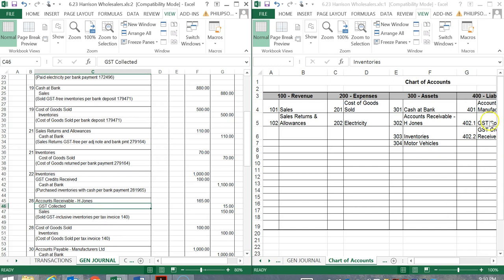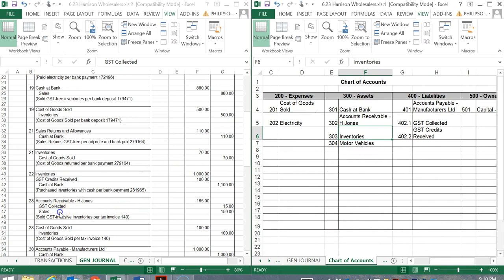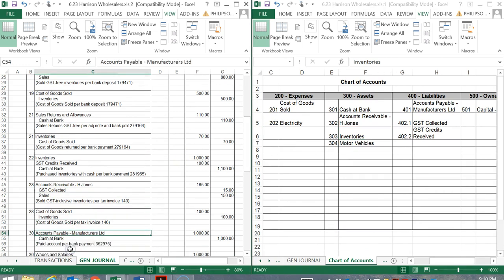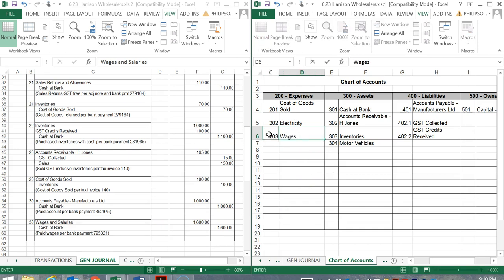GST collected, we included before. Sales, we've added. Cost of goods sold, we've added. Inventories, we've got. Accounts payable, Manufacturers Limited, we've got. Cash at bank, wages and salaries, we need to add in as well. Wages and salaries, and cash at bank we've got.